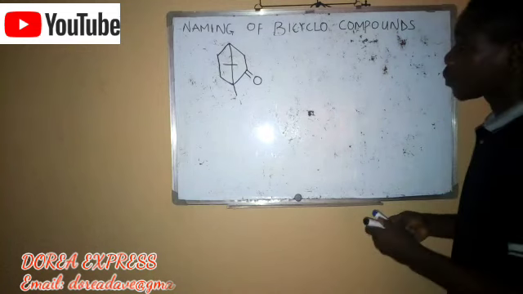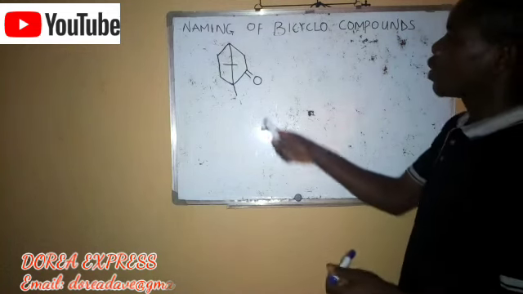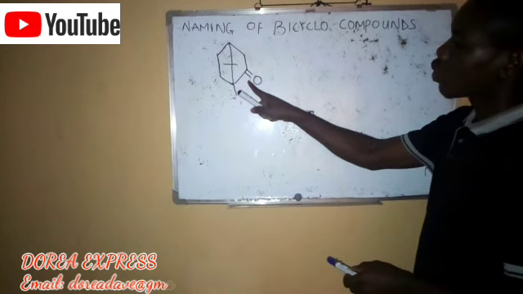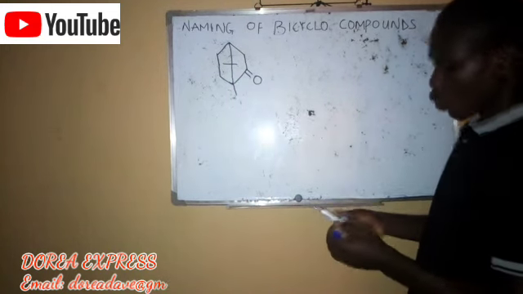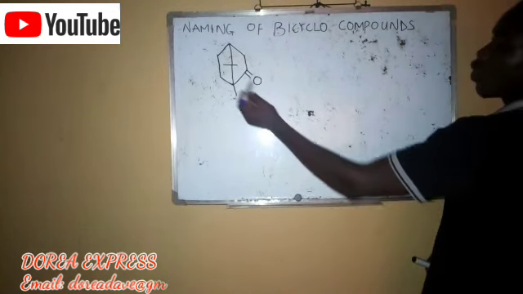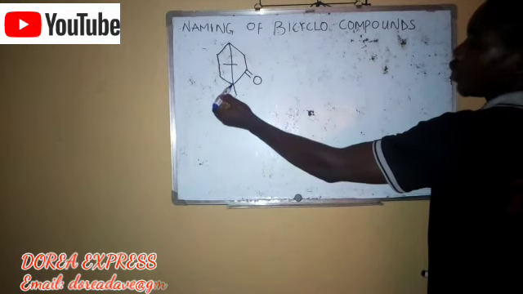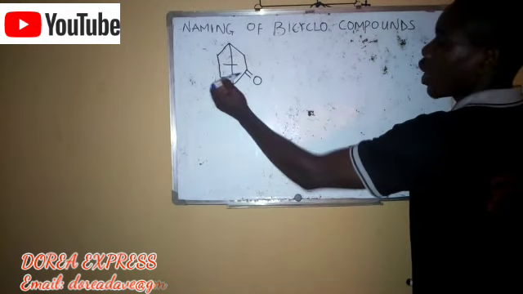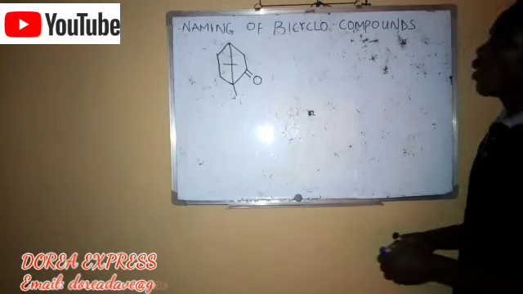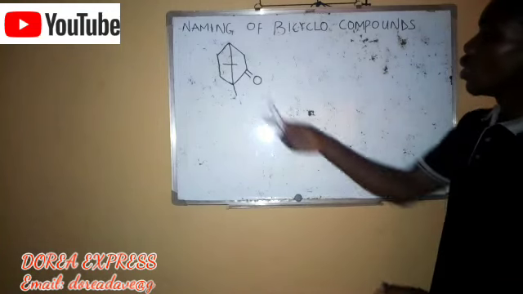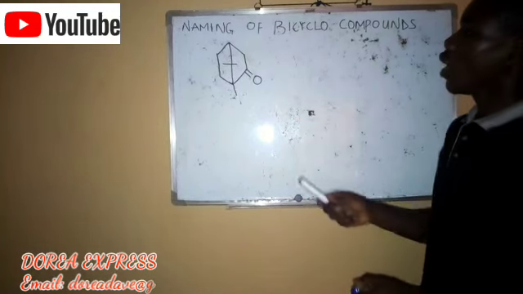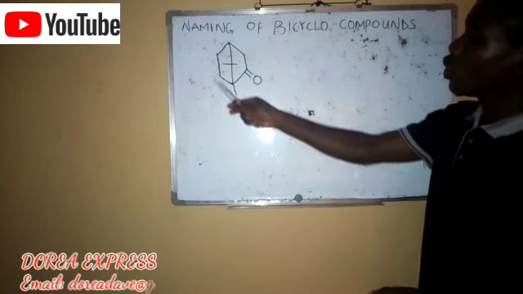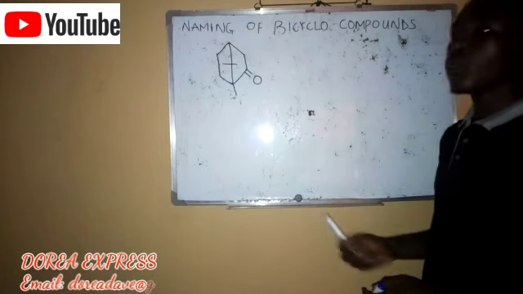As you can see, this case is different because we have a carboxyl group here. So we start numbering from the head bridge, like the first rule says, identify the head bridge. So this is the head bridge, and of course we cannot go this way because we have a substituent.